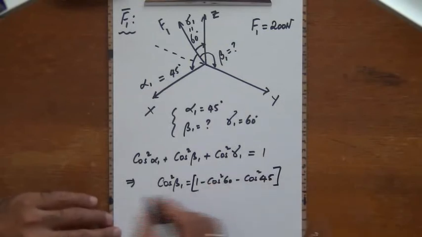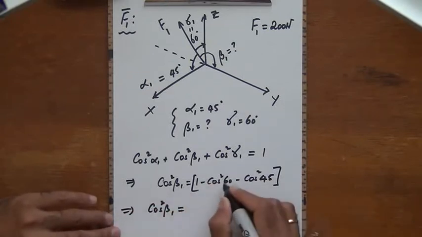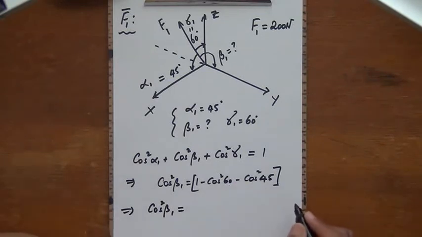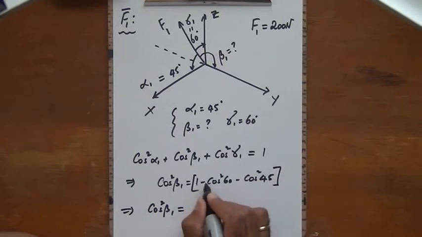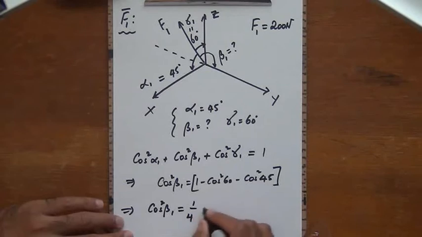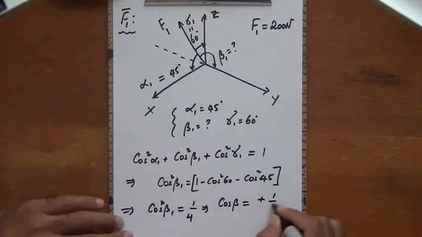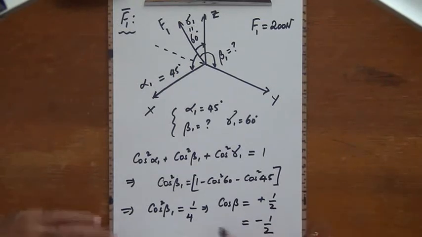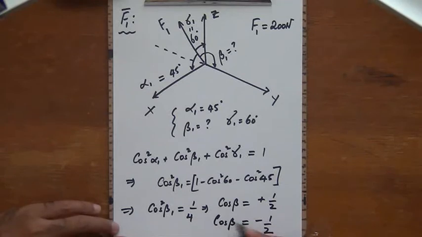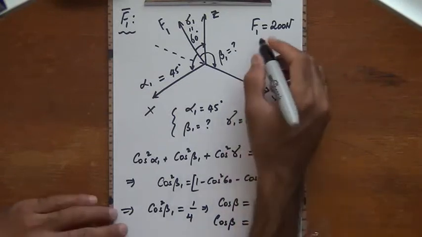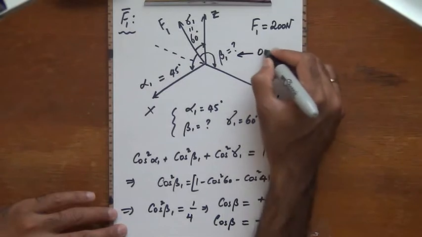Alright, and so once I see here cos square beta 1, cosine 60 is half, so cos square 60 is 1/4. Cosine 45 is 1 by root 2, so cos square of 45 is 1 by 2, which means that I'm going to get an answer of 1 by 4, which means cosine beta is either plus half or minus half, and I know that I'm looking for an obtuse angle.